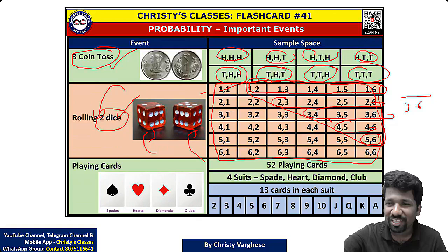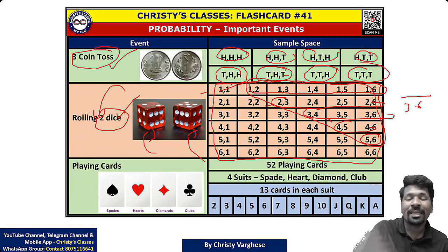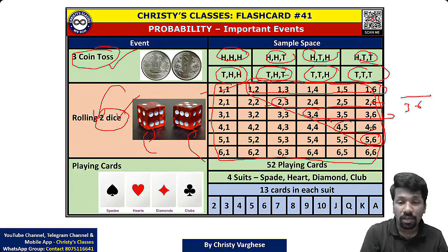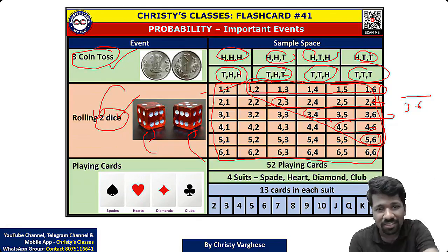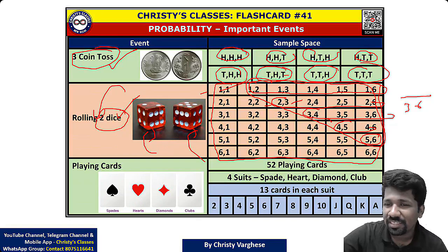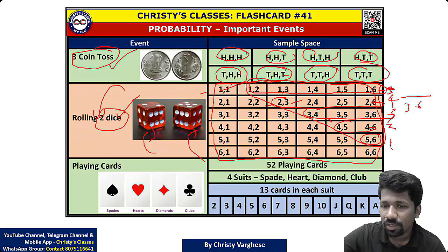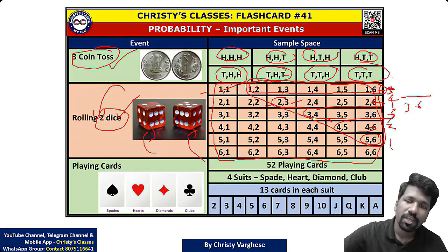If you learned matrix theory in 11th and 12th, you can remember the upper diagonal, lower diagonal, upper triangular matrix, lower triangular matrix, and relate to that also. If you haven't learned it, don't complicate, just find it one by one. That is enough. Anyway, first number less than second means here 5, here 4, here 3, here 2, here 1. So 1 plus 2 plus 3 plus 4 plus 5, so 15 out of 36.